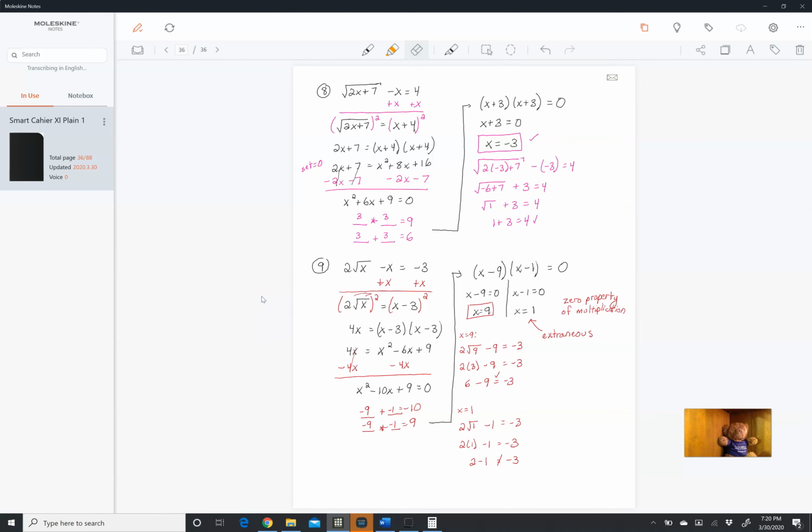So because that squaring can yield two different answers, that's what's going on here. That's why we're getting things that are extraneous. Okay, so that's it for radicals, and we're actually going to go back to exponents in the next video.